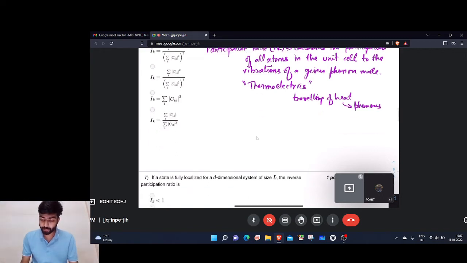So in general, this participation ratio is approximately 1 for a perfectly crystalline solid, because all the atoms are very strongly bonded to each other, and therefore all atoms are participating in transporting phonons. But this participation ratio can vary between 0.5 to 0.6 for amorphous solids.